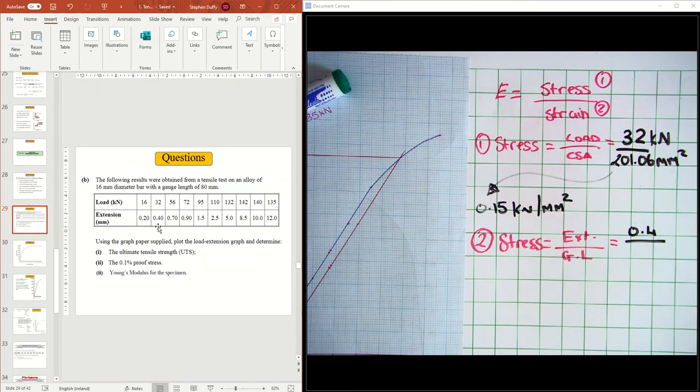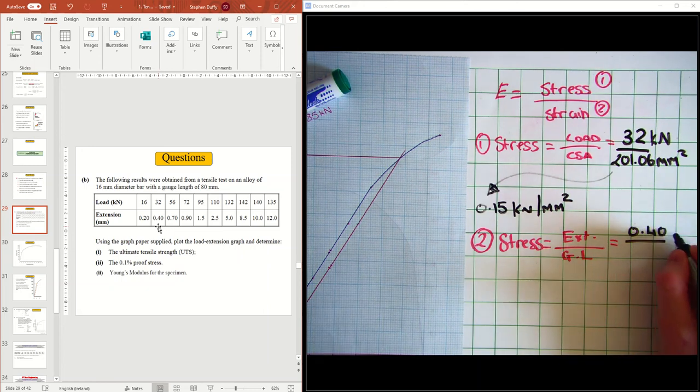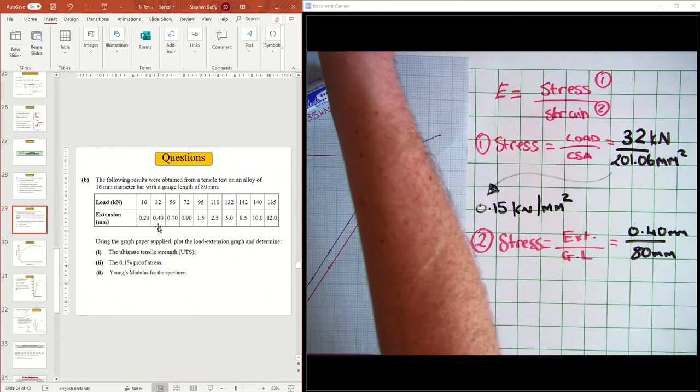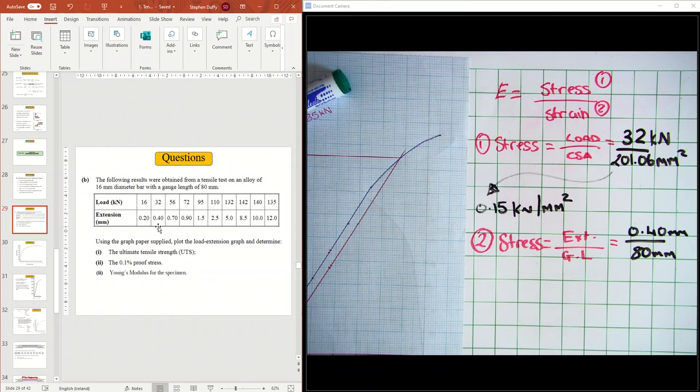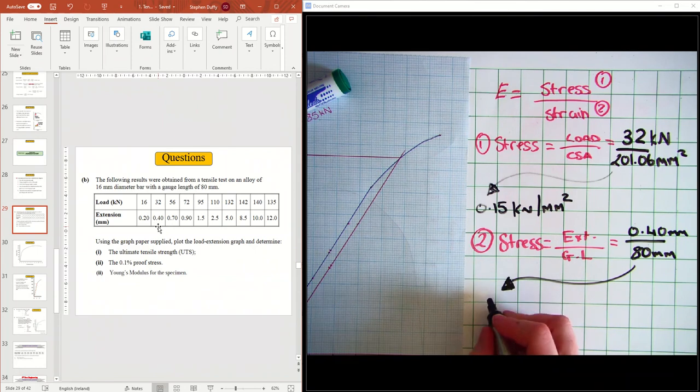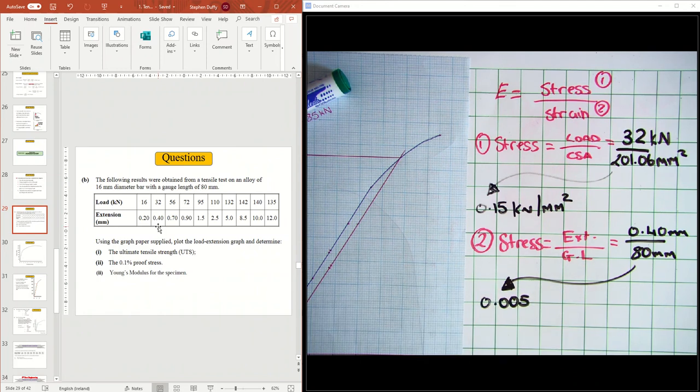The gauge length in this case is 80 millimeters. So we break this down and we get 0.005. Now the strain is a ratio, so there's no unit to it.